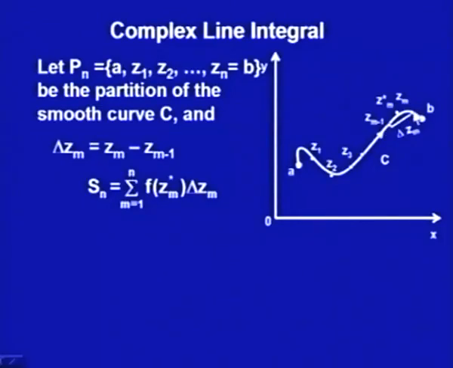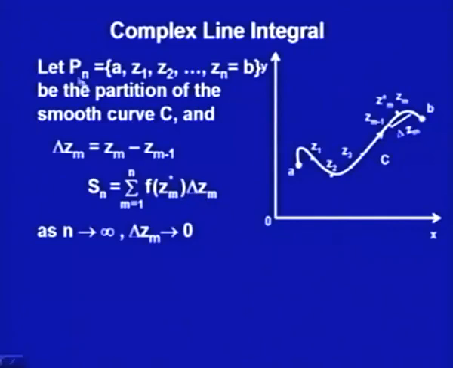If that approaches 0, my delta Zm would also approach 0. Why? t moves on this line, so t(m-1) to tm corresponds to this arc length and delta Zm is this one. If the arc length approaches 0, delta Zm can never be more than this arc length, so it certainly has to approach 0. So let us take the partitions in such a manner that if n is increasing, delta Zm approaches 0.